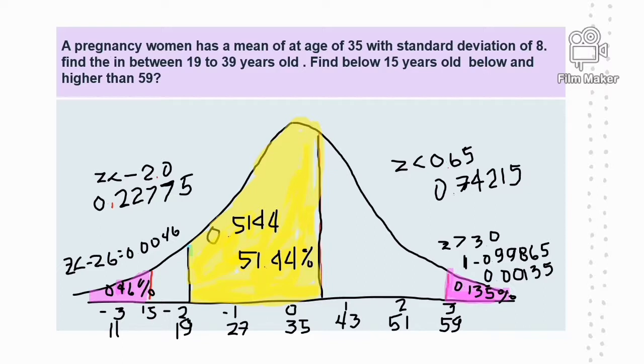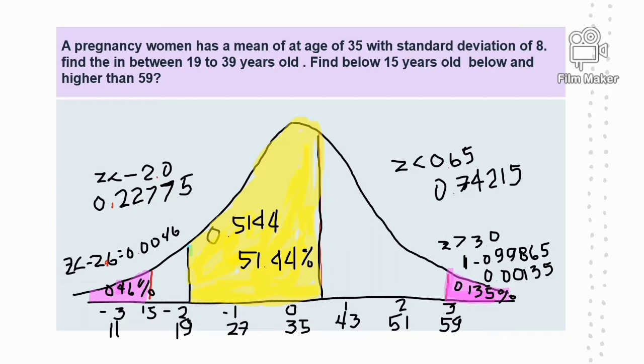And then, if the age is 15 and below, take note, 15 and below is very risky. And 59 and above, a pregnant woman is also at very high risk. So, Z less than negative 2.6. Take note, guys, this is 2.6. The table value of negative 2.6 is 0.0047.